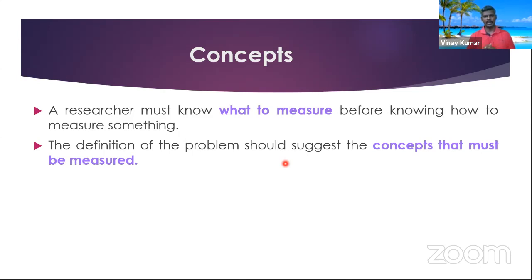It's very important for the researcher to be sure of this aspect. Without being sure of what concepts he is going to measure, his definition of the problem becomes very vague. It's very important for the researcher to finalize what are the concepts that he wants to measure.